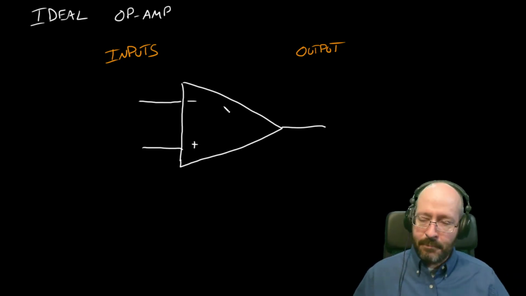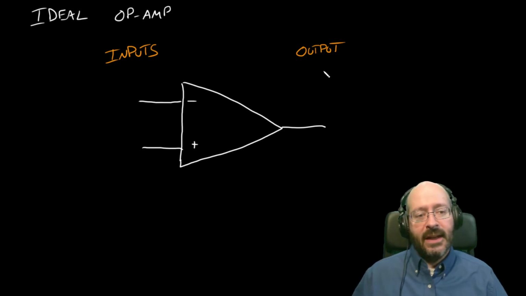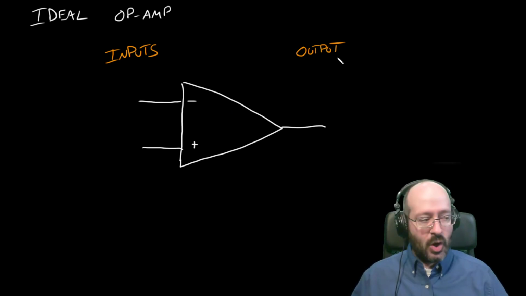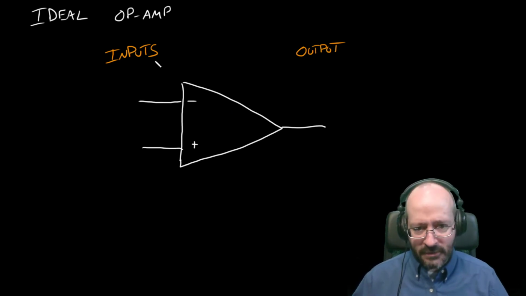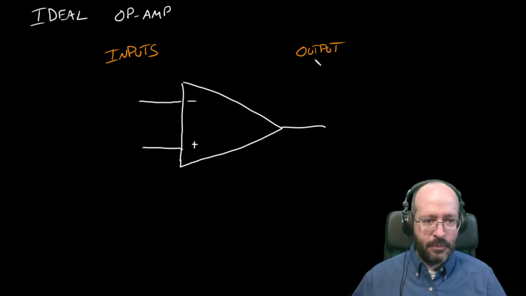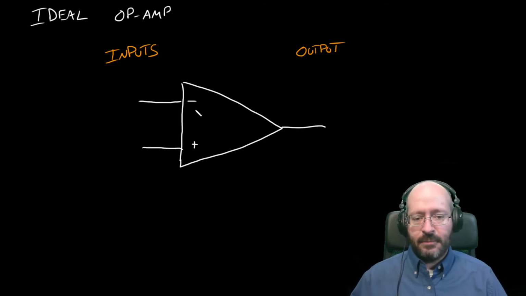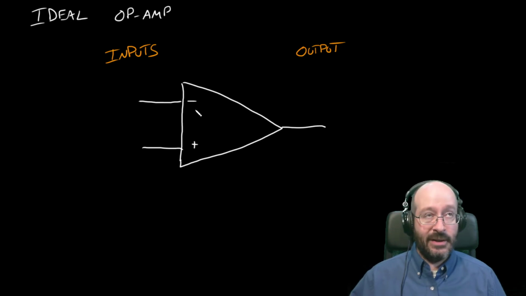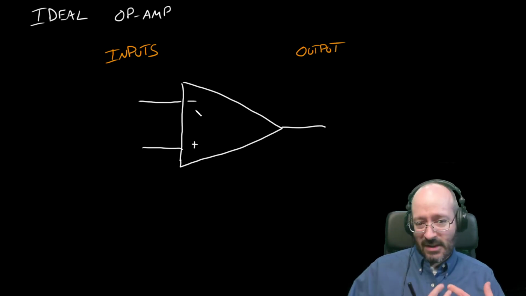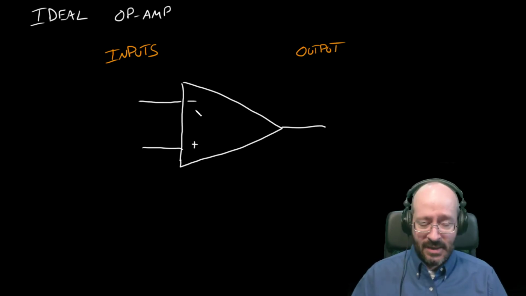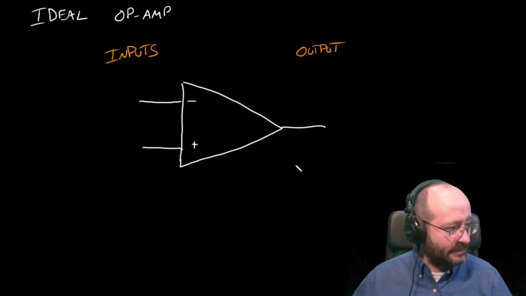It's making them bigger if you set up the circuit correctly, and it's putting it out on the output. So we've got inputs on the left here, outputs on the right. These pluses and minuses are labeled for the non-ideal case. When it comes to analyzing an ideal operational amplifier, they don't make much of a difference to our analysis.